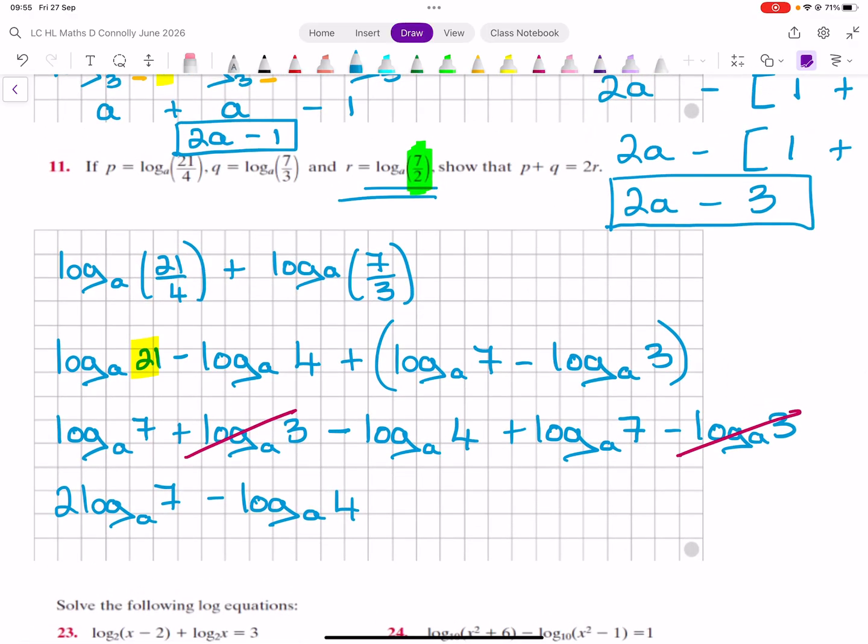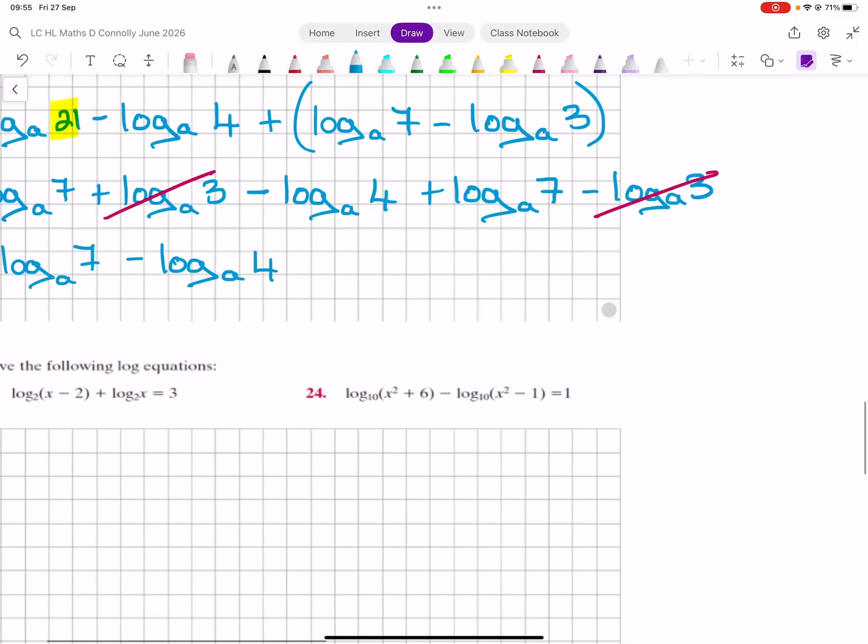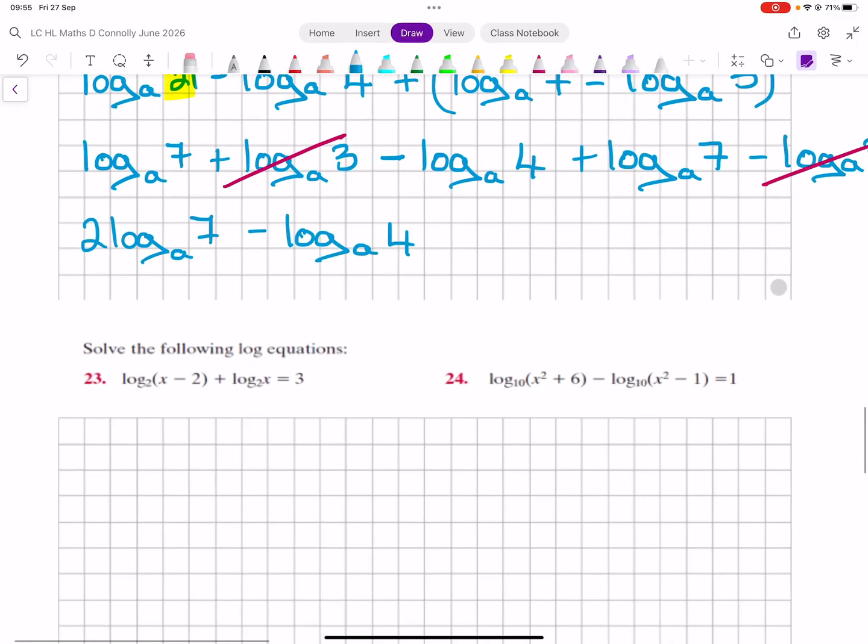Trying to get log to the base A of 7 over 2. Now I wonder, could I do 2 log to the base A of 7 minus and split this up?